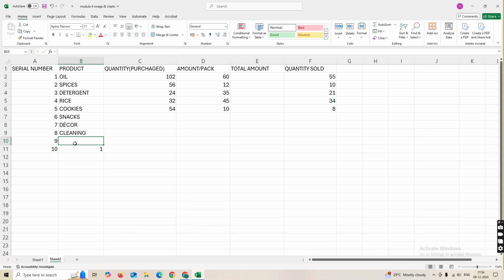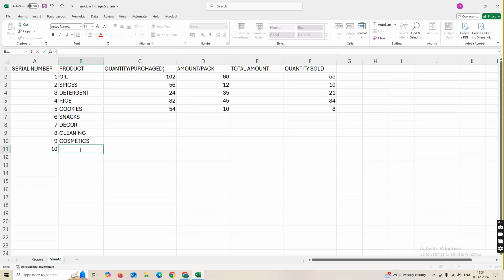Cosmetics. You have a long list. Lentils, anything like grocery. I'm trying to mix up what is actually needed and what is just wanted.